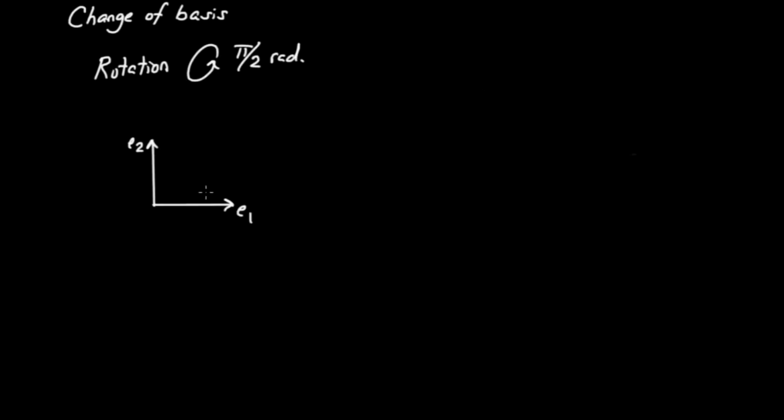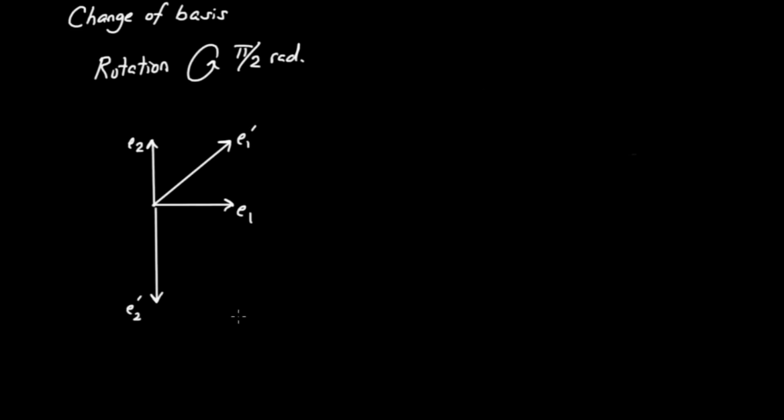Now let's set up a slightly different basis. Let's suppose we have this other vector here, which I'm going to call E1 prime, which is going to be the sum E1 plus E2. And then we have a second vector, which I'm going to call E2 prime, which is going to be -2 times E2. So this will be E2 prime.